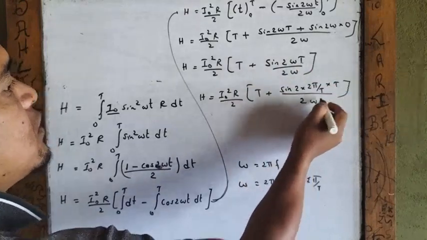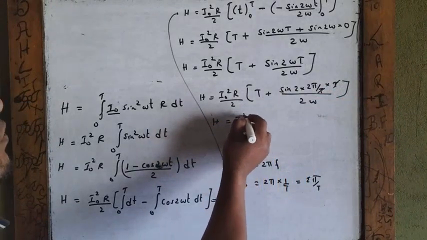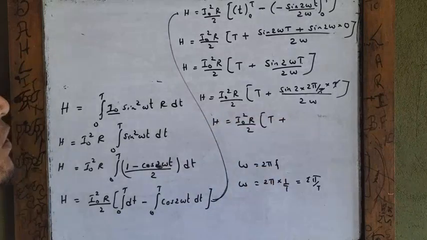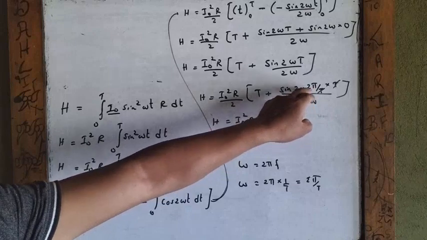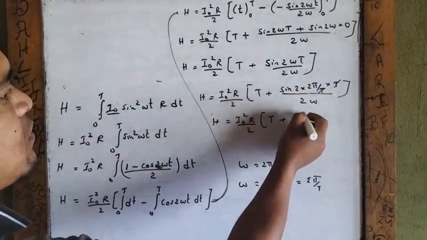This T cancels, so H is equal to I naught square R upon 2 times T plus. Now 2 into 2 is 4, that means sine 4 pi. Sine 4 pi is 0, so 0 upon 2 omega will be 0.